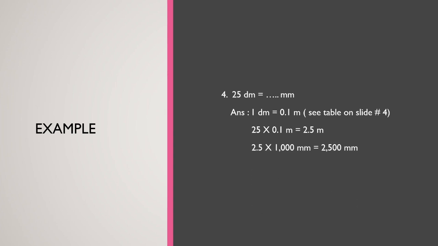And then we know 1 meter is 1000 millimeters. So we will multiply 2.5 by 1000 and we get 2500 millimeters. We use 2 steps for the solution for this. So we convert decimeters to meters first, and then we convert it into millimeters.